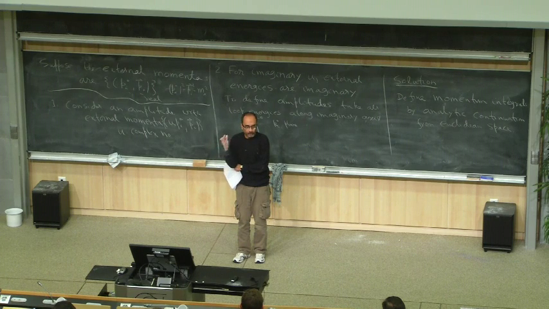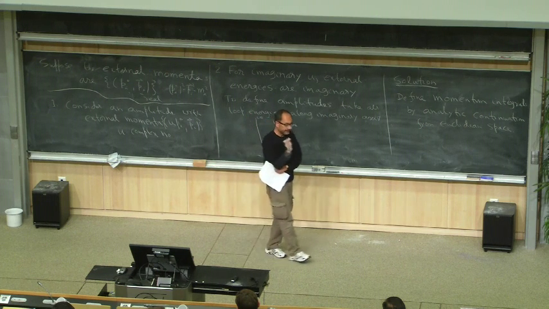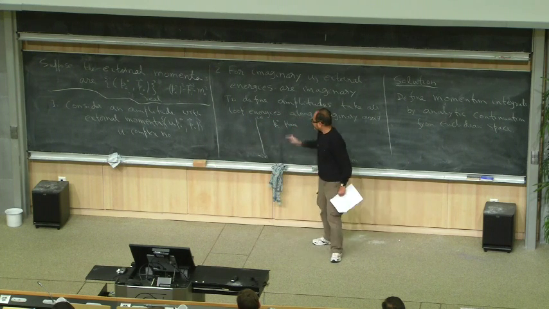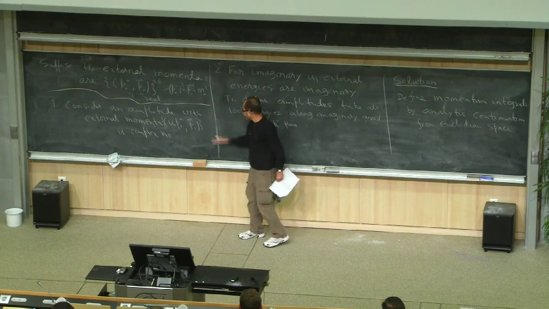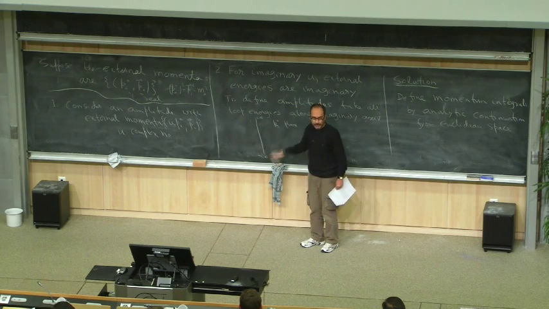So, 1 over p squared plus m squared for all internal propagators: the denominator is strictly positive, because if the 0 component is imaginary and the other components are real, then p squared is strictly positive and m squared of course is positive. So, this makes it clear that at least for u on the imaginary axis there is no problem in defining integrals of this kind by taking the integrals along the imaginary axis.